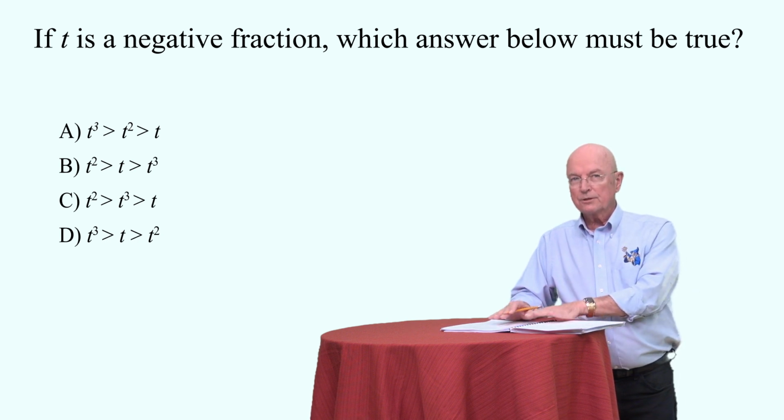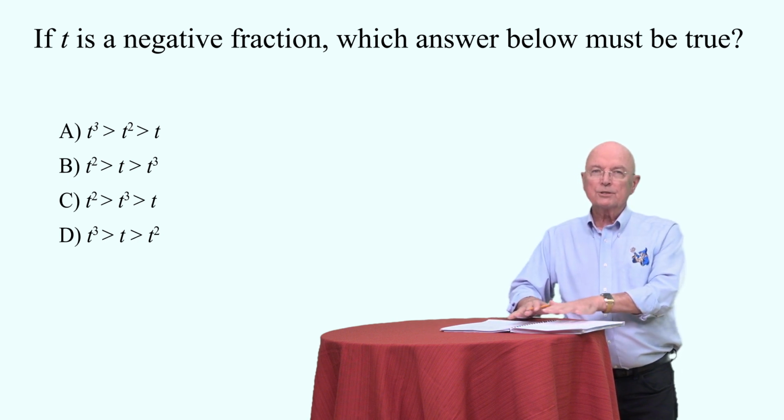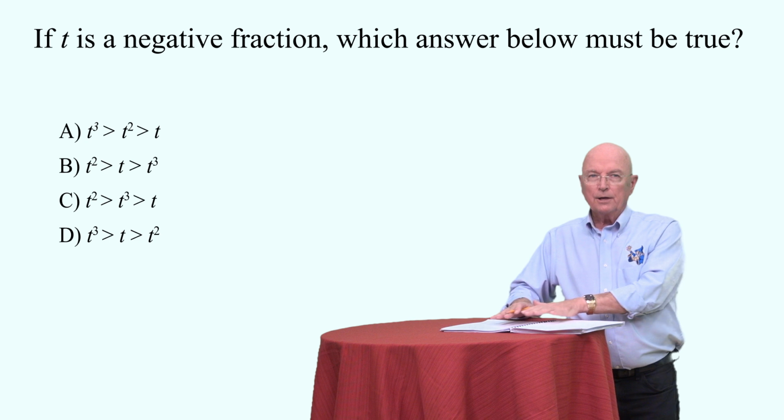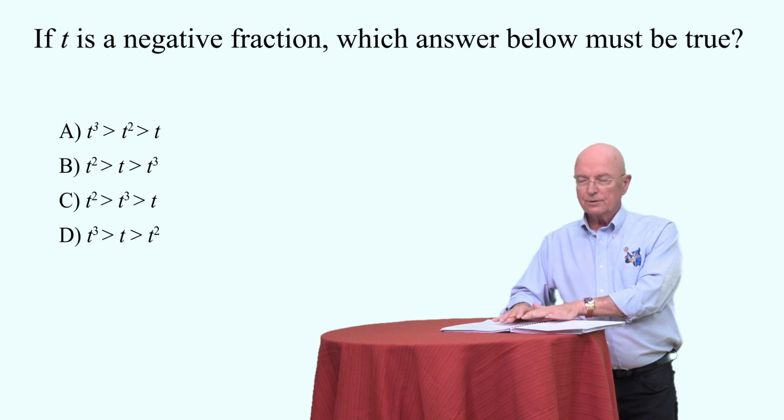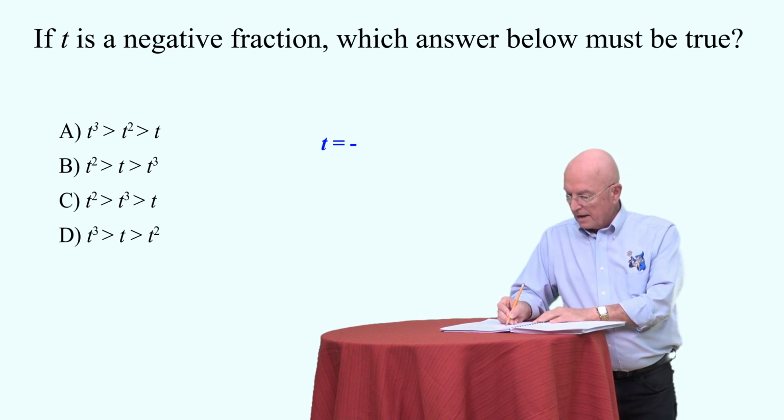You remember we talked about changing algebra to arithmetic, changing the abstract to the concrete. Well, you won't make a mistake if you use a real-world number rather than the t. So it says t is a negative fraction. I think a pretty easy negative fraction would be negative 1/2. We'll set that equal to t.